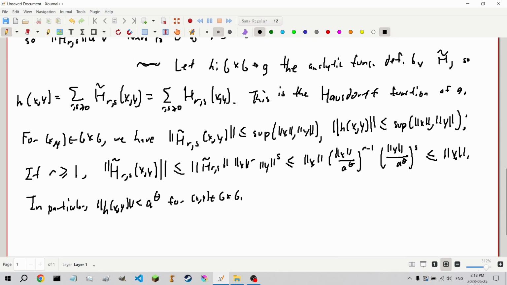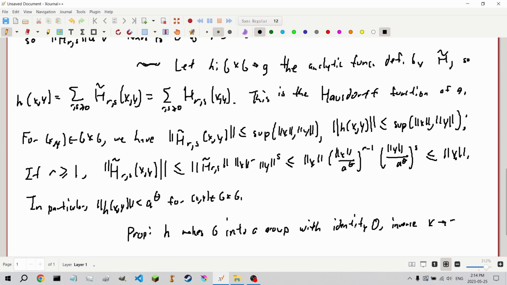Brings us to our proposition. Suppose our analytic function H makes our ball G into a group with identity going to be 0, and our inverse is going to send x to negative x.